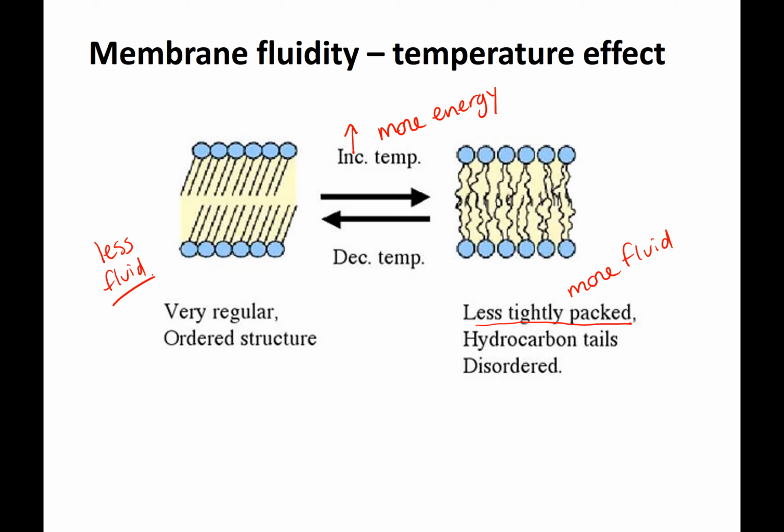Or what I'll show you about next is the effect of cholesterol. So these organisms who are subject to temperature out in the environment and can't control their internal temperature have to actually adjust their membrane composition, the fatty acids in there, depending upon the outside environment. Pretty cool stuff.